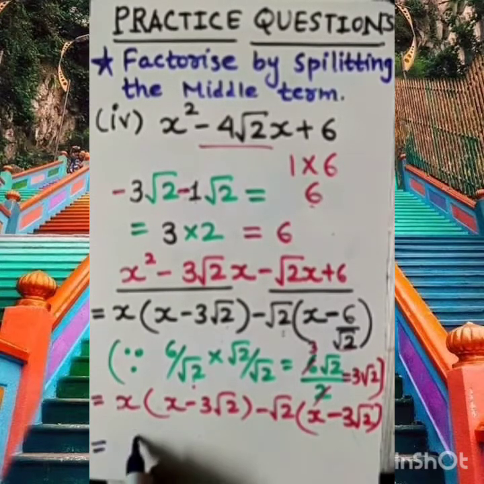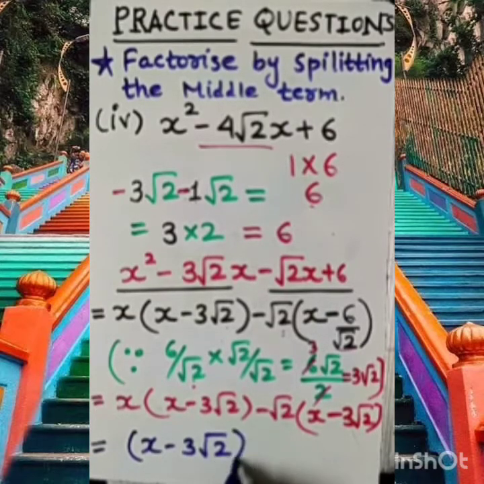So one of the factors of the given polynomial is x minus 3 root 2 and another is x minus root 2. A little bit tricky, a little bit difficult also, but you will see some more examples, then you will find it easy.